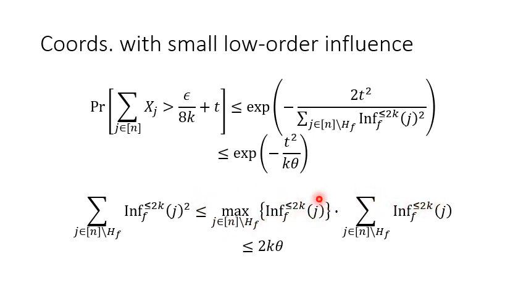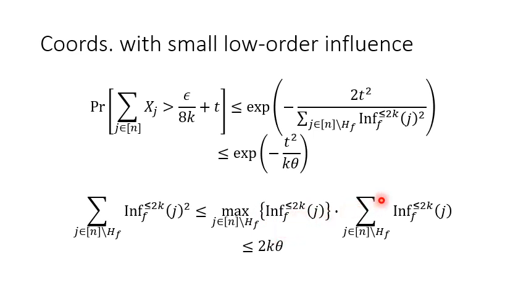And now this is the maximal influence on some coordinate, which is not of high influence because it's not in HF. It's a low order influence, but it must be small because it's not from the set of high low order influences. So this influence is at most theta.